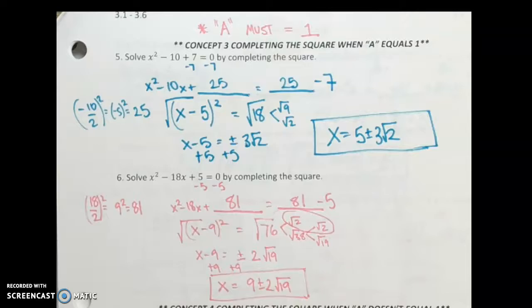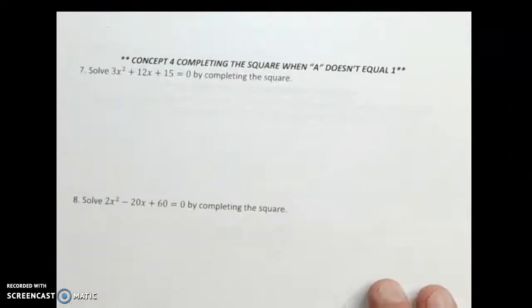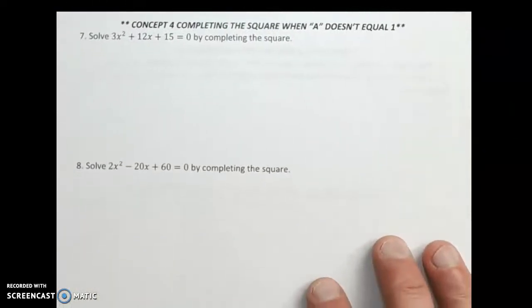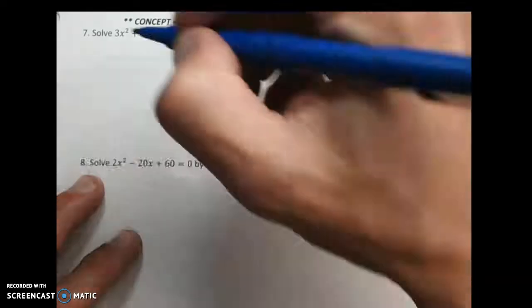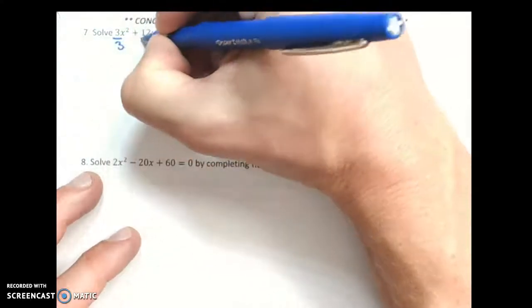I am going to go on to concept number 4, and that is completing the square when a is not 1. Okay, so if a is not 1, like we said, we have to make it 1. So what I'm going to do to make it 1 is just divide each and every term by whatever it is.